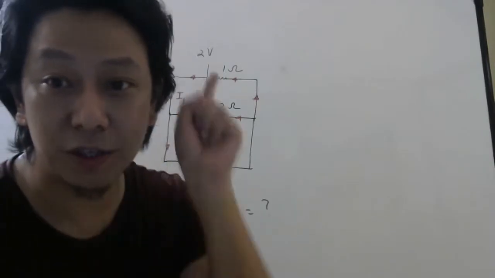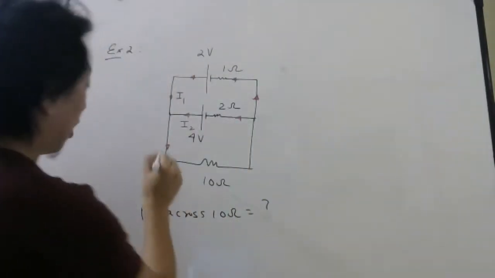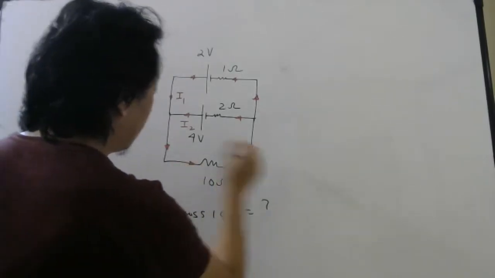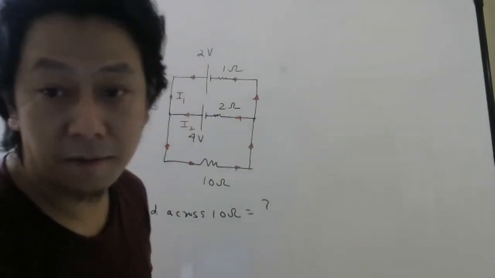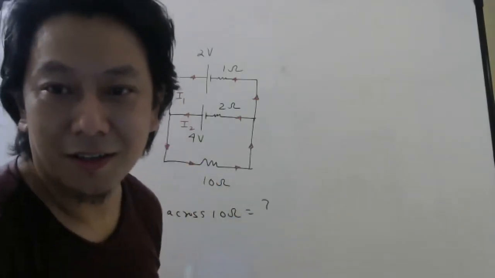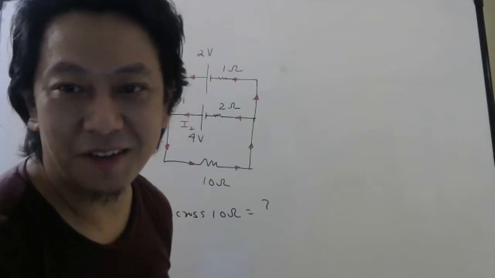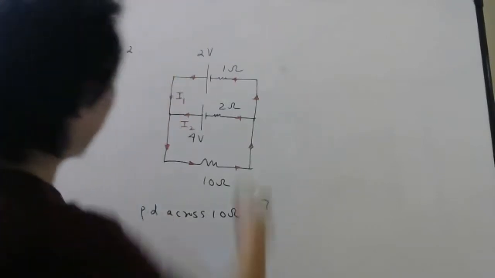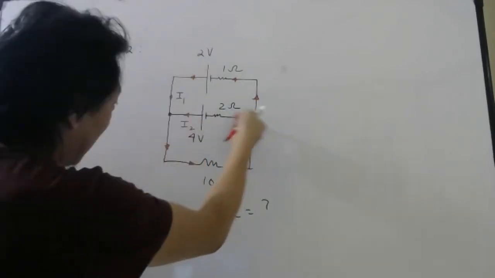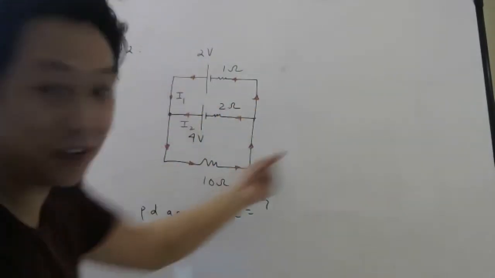I can use Kirchhoff's current law. And how much will be here? Tell me quickly, how much will be the current here? It takes time, I know. So if this is I1, at this junction I1 is entering, I2 is entering, how much will be here?